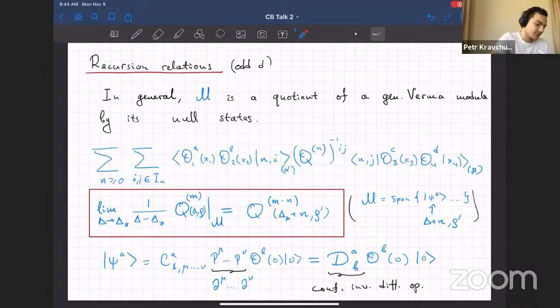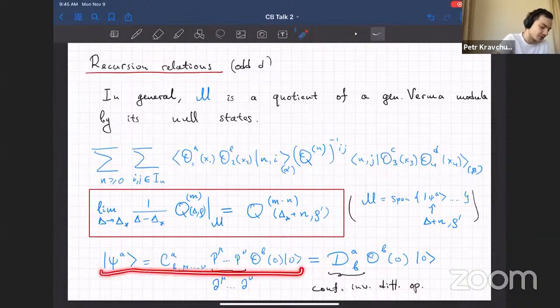And so you can see that the part of the residue which comes from Qn inverse is already Q for some other quantum numbers, and similarly for this inner product on the left and on the right, what you need to observe is that this highest weight null state that we have that generates M can always be expressed as some bunch of P's acting on O in some particular linear combination.